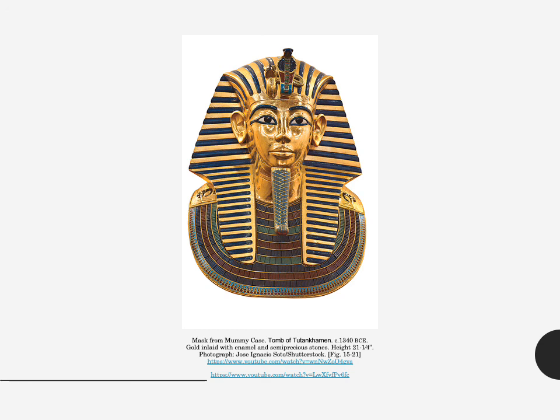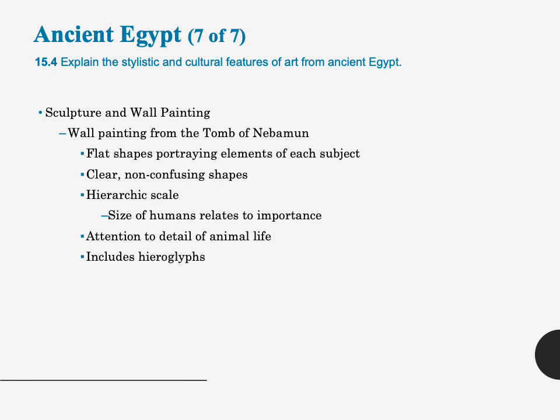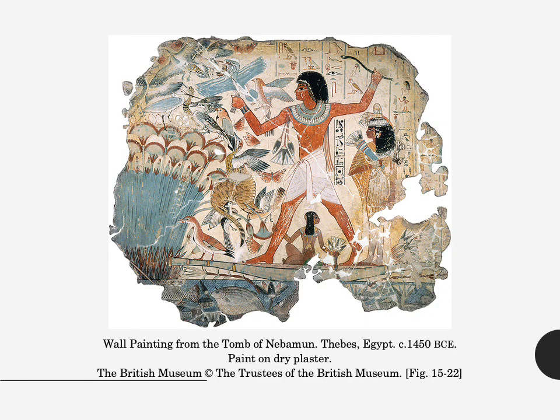And the painting, if you look at the painting again, you see the pharaoh in hierarchical scale. We see the head in profile, but the eyes are shown from the front.